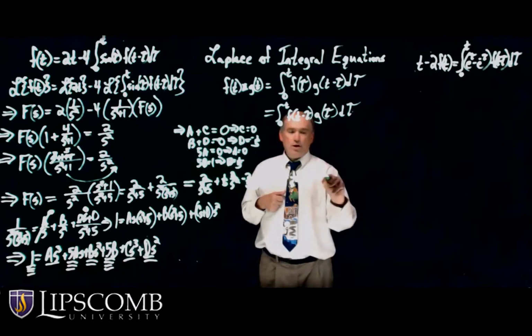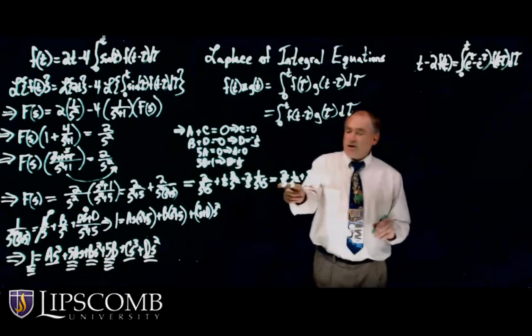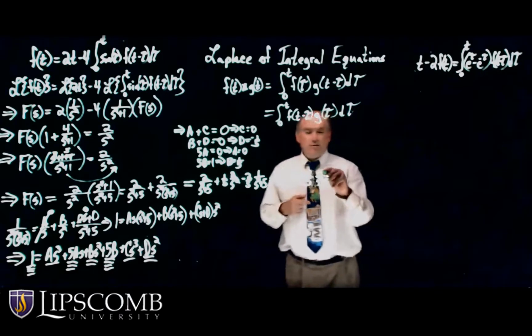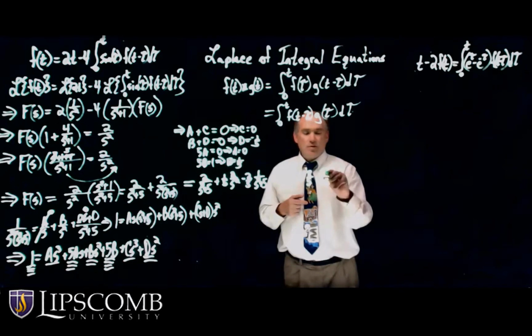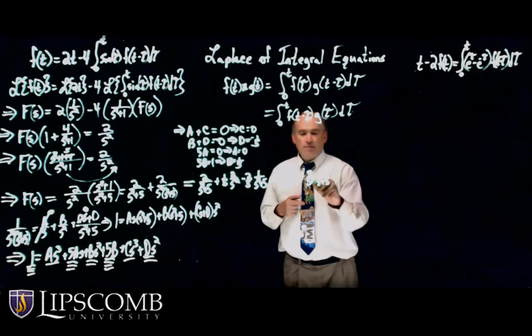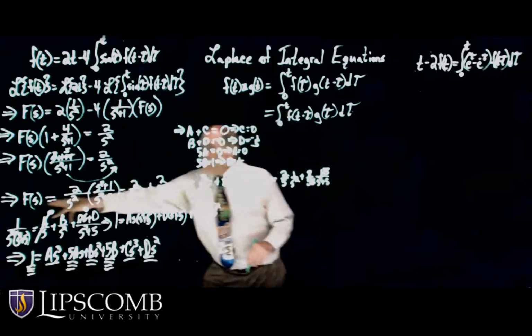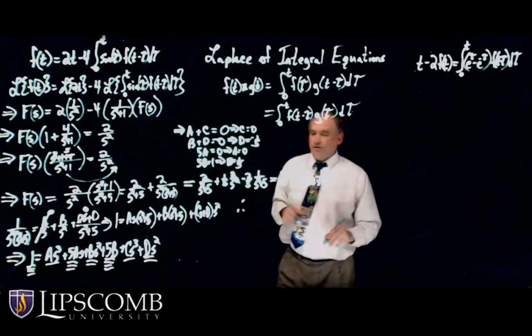And I've got 1 over s squared plus 5. But let's look. I can take the inverse Laplace of this. This one, I need a square root of 5. So let's just multiply by a square root of 5. But if I do that, I must divide by a square root of 5. Therefore, now I've got F of s equal to this.